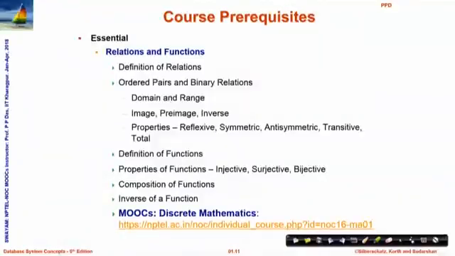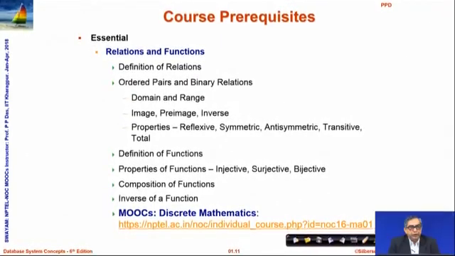Moving on, the next topic which goes on top of sets is the concept of relations and functions. We all know that a relation is a subset of a set.